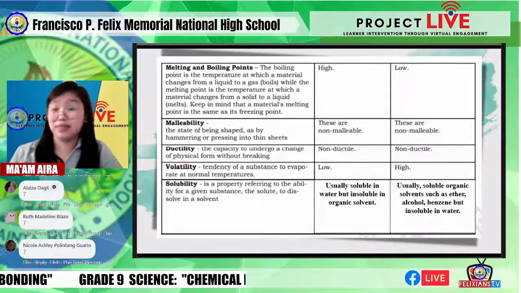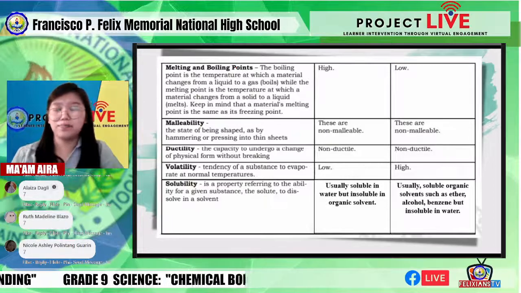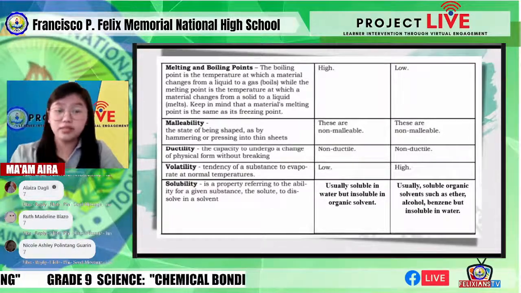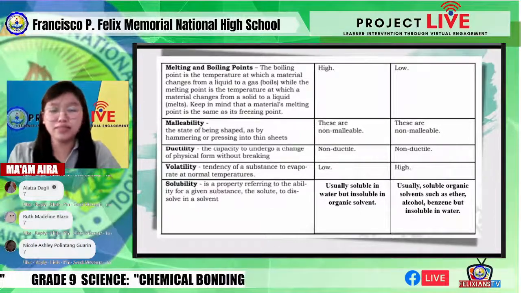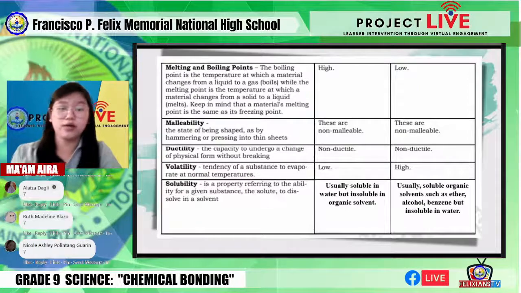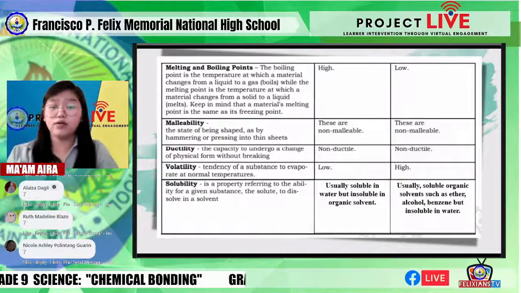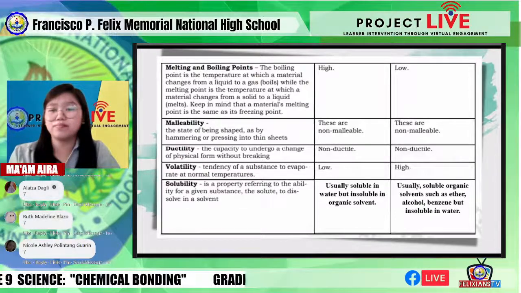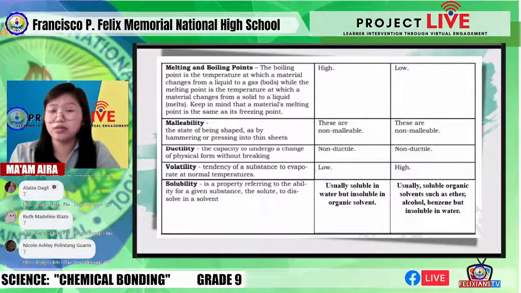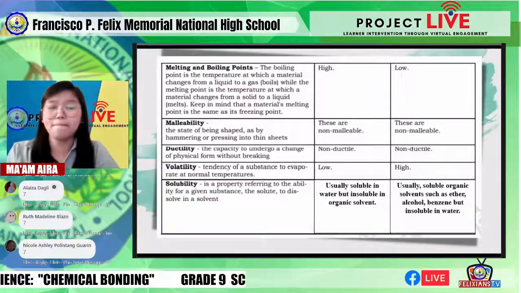Next is malleability. Malleability is the part where substances are being hammered or pressed into thin sheets. So, for ionic bond and covalent bond, both of them are non-malleable. Okay?